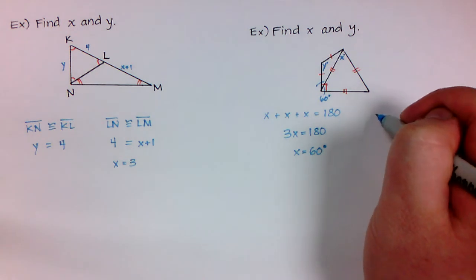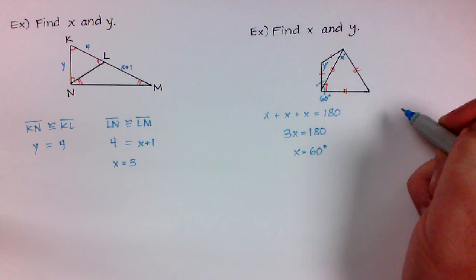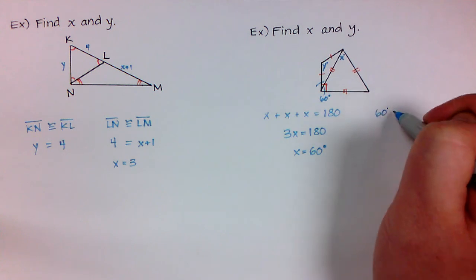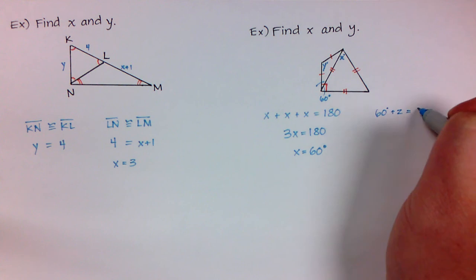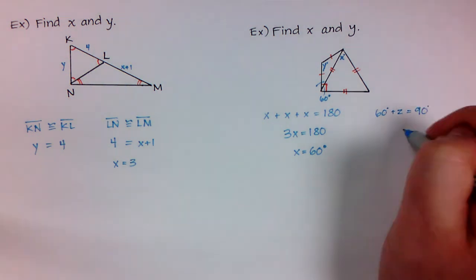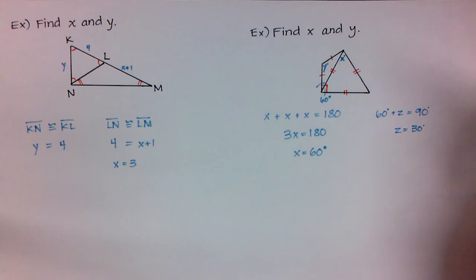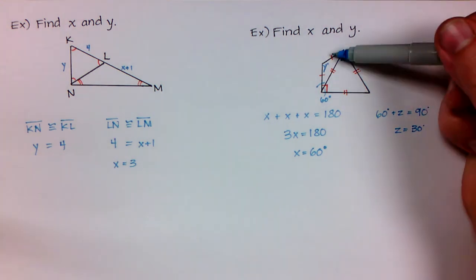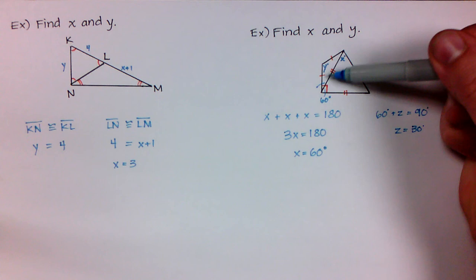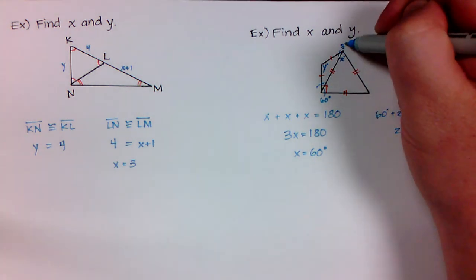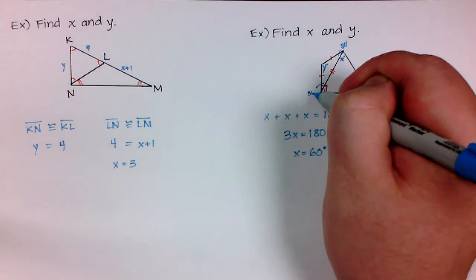Well, maybe I can just call it Z, okay? 60 degrees plus Z should add up to this right angle of 90 degrees. So when I subtract 60, I find that this is 30 degrees. And since these two legs are the same, this is an isosceles triangle. So that means that this one right here is also 30 degrees.